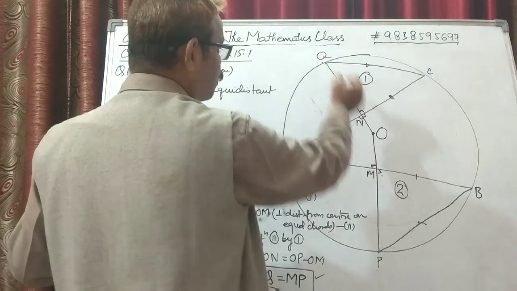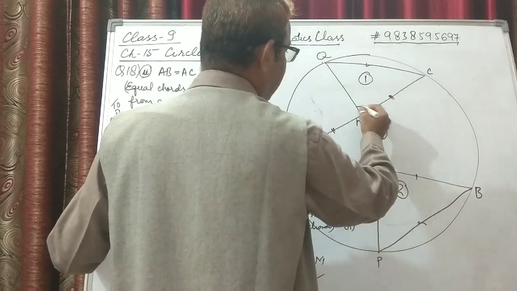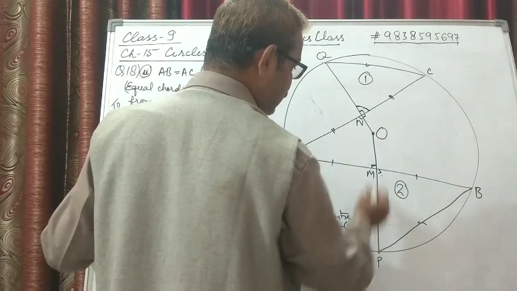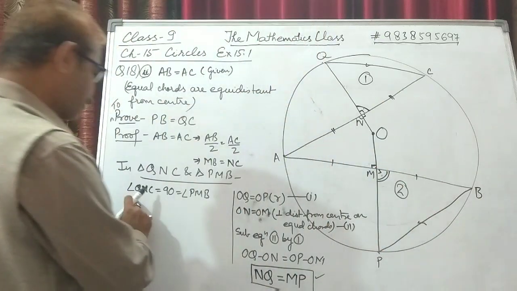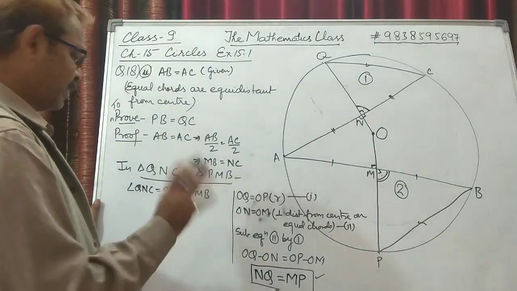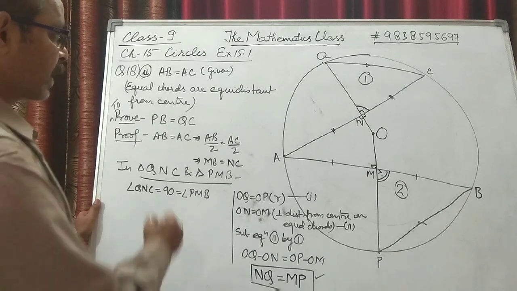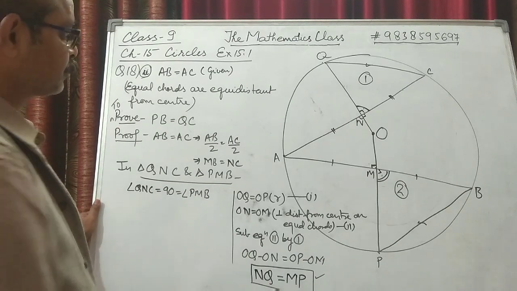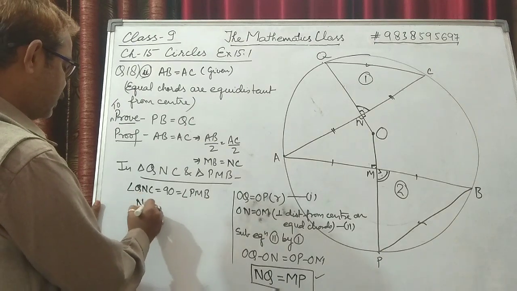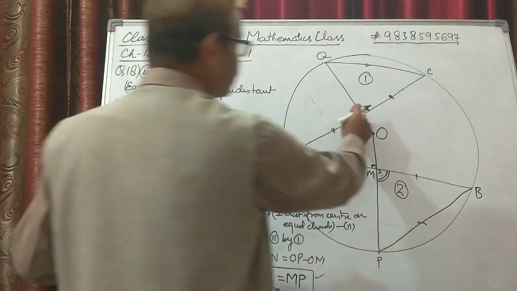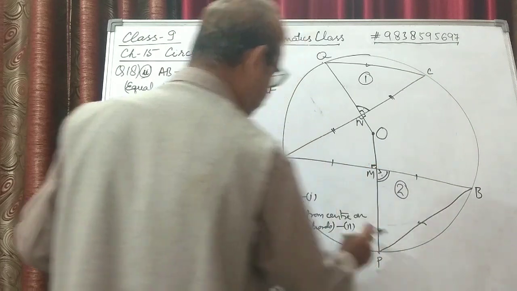So I am saying QNC this angle and PMB this angle are equal and they are 90 degrees. So first point. Why? It is explained. Now second, we can say that NC is equal to MP.